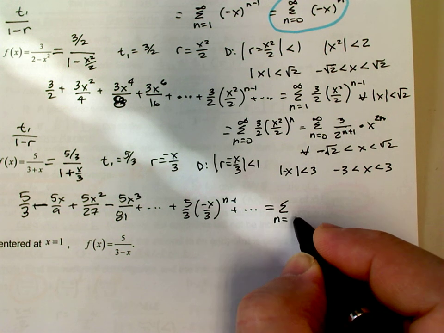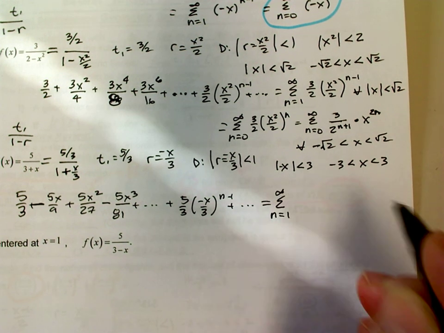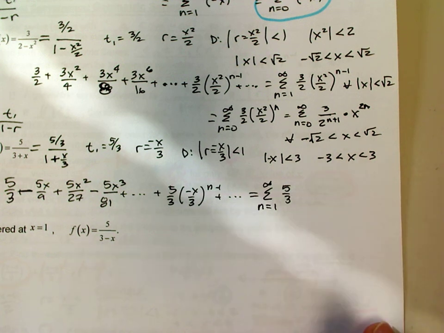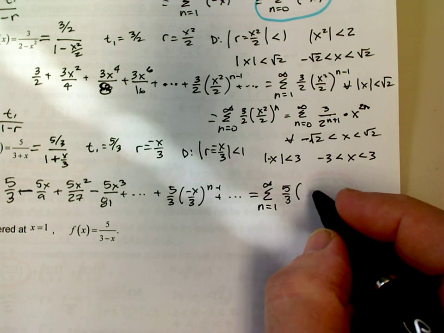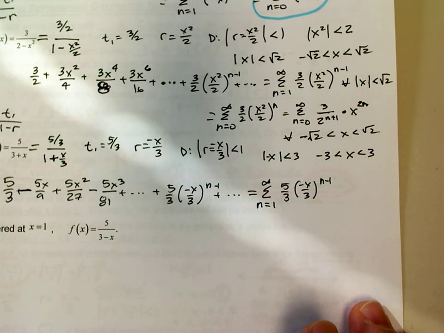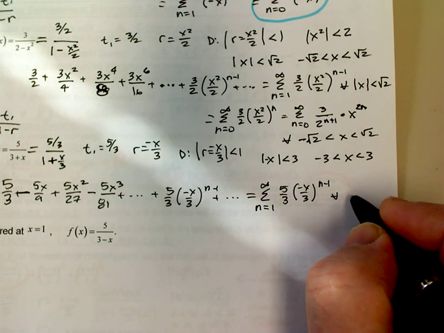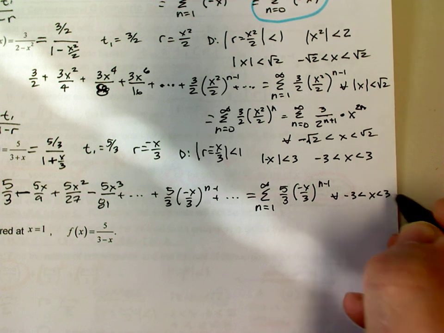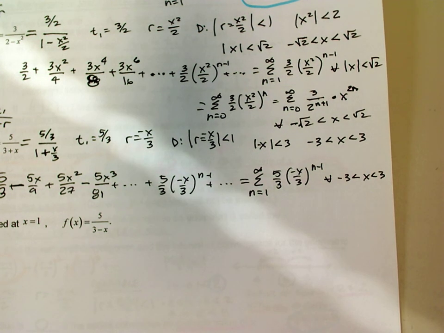Then we'll write our summation, n equals 1 to infinity. And we have the pattern of first term times our common ratio to the n minus 1. And this, of course, will be for all values of x between negative 3 and 3.